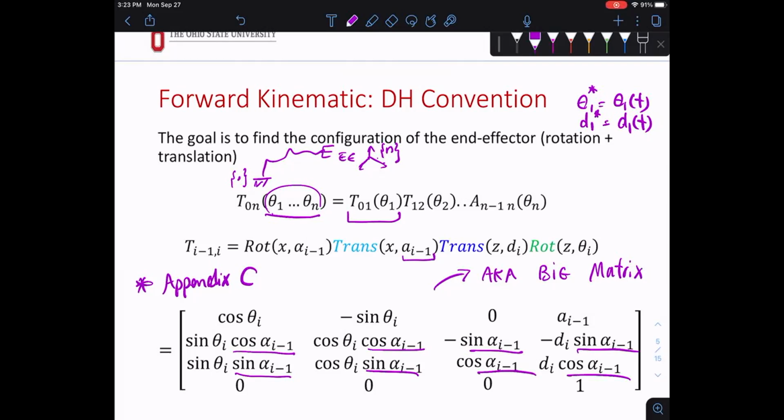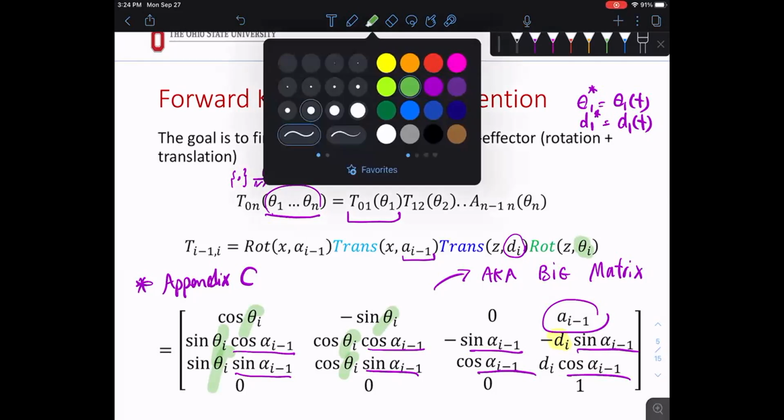So you have a i minus 1 showing up here one time. Then a translation along z-axis for d i. You have d i one time showing up here, and then rotation about z and theta i, then you have theta i's. So actually there was another d i here.